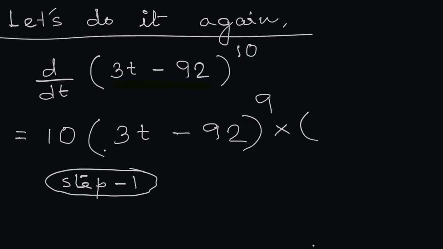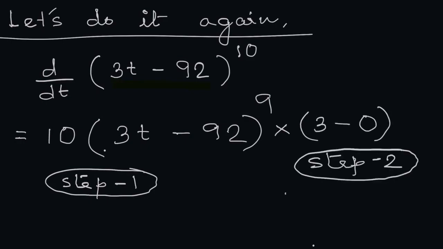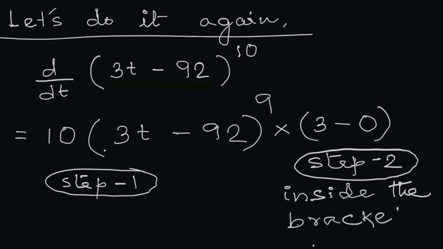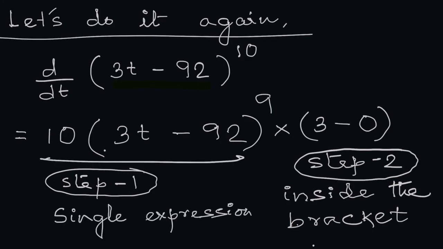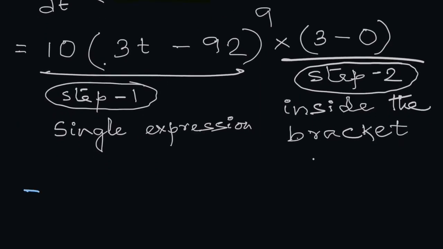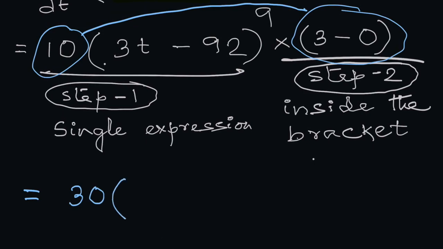Then going inside the bracket, it will give us 3 minus 0, step 2. So in step 2, we go inside the bracket and differentiate the expression separately, each term. And in step 1, single expression and then applying the basic formula, n into x to the power n minus 1. Now 10 into 3 gives us 30, then 3t minus 92 whole to the power 9.